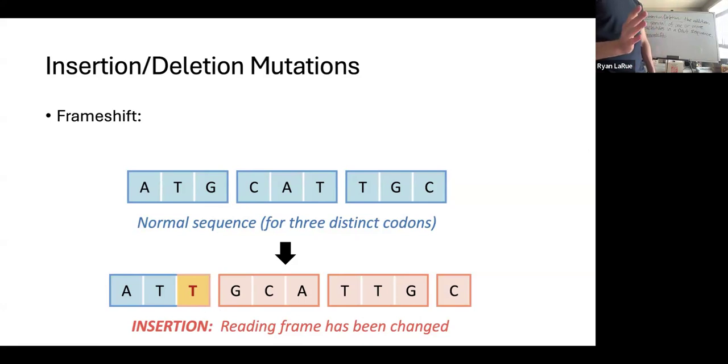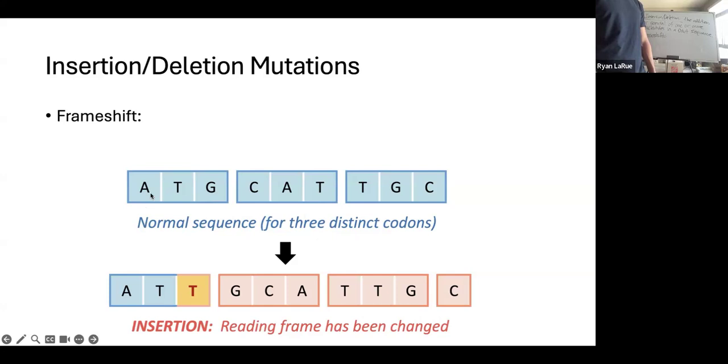And by that, I mean, remember that every 3 nucleotides of DNA get transcribed to produce messenger RNA during transcription.